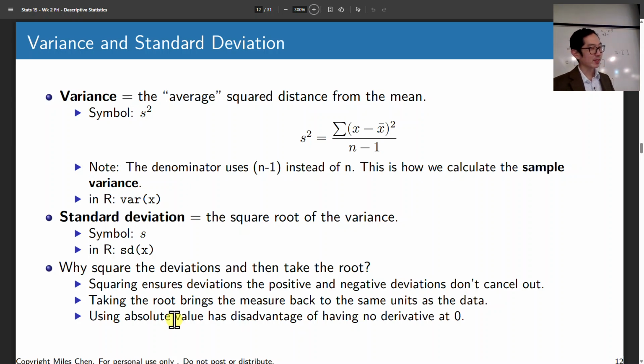So anyway, we use the standard deviation. We square everything, which makes everything positive, we take the average of those, and we take the square root, okay? And the square function is nice, it's smooth everywhere.